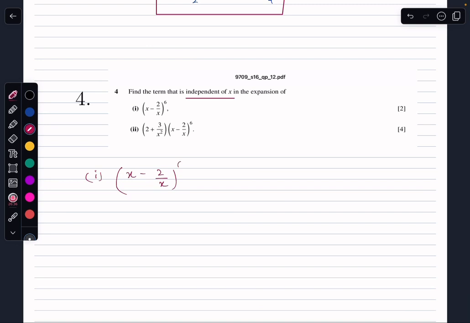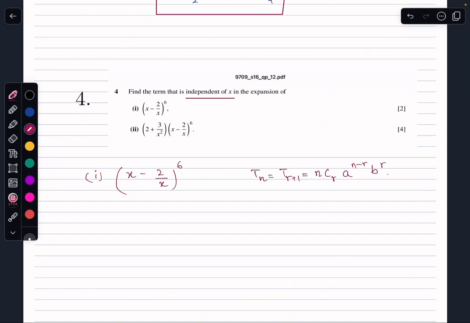So if we need to find a specific term, then we should be applying the term formula, and the term formula is Tn, which is equal to Tr plus 1, which shall be equal to nCr a to the power n minus r and b to the power r. So this is the term formula that I shall be using here to find the term which is independent of x.